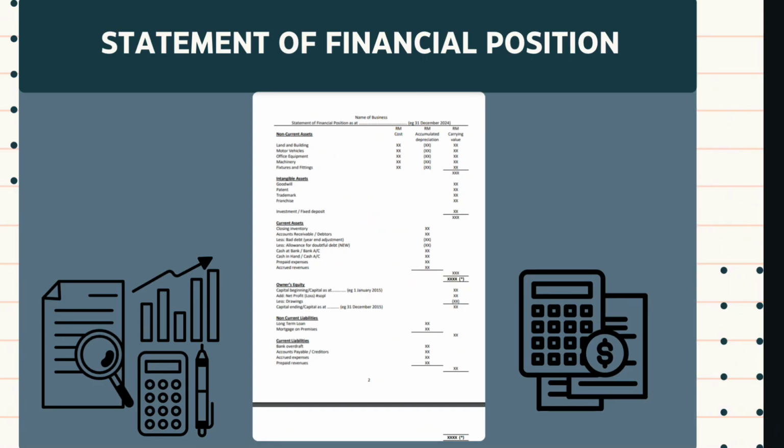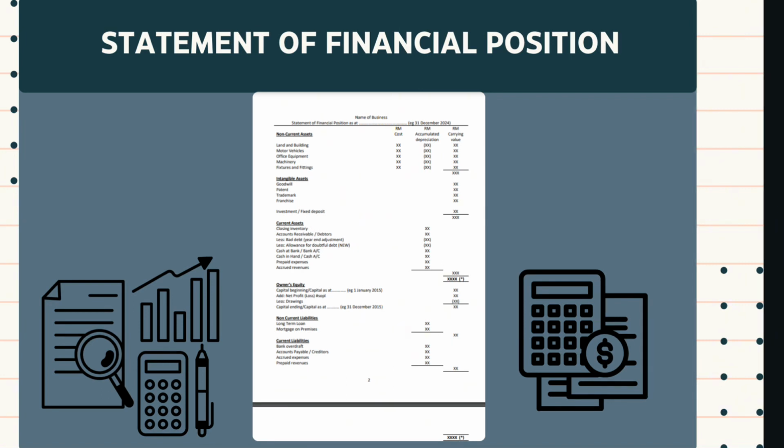Finally, equity reflects the ownership interest in the company, including share capital and retained earnings, giving a clear picture of the company's financial foundation. The statement of financial position follows a fundamental equation, that is, assets equals liabilities plus equity.